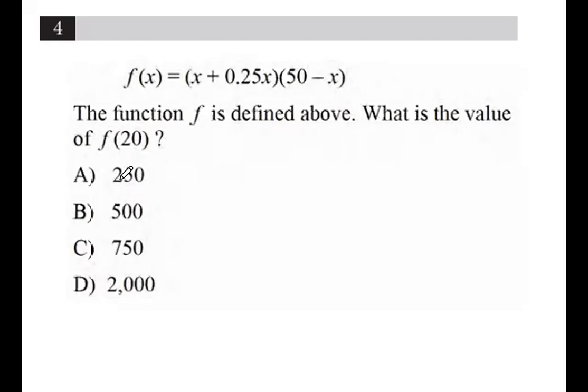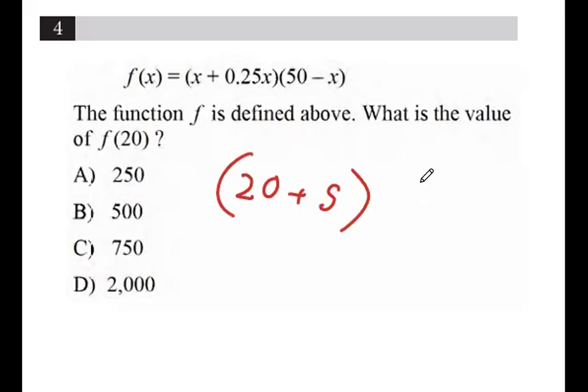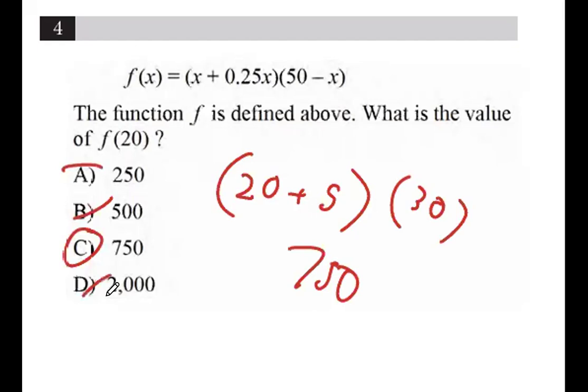That just means plug in 20 for x. So that's just 20 plus 0.25 times 20, which is just a fourth of 20, which is 5. So 20 plus 5 times 50 minus 20, which is just 30. So that gets us 25 times 30, which is 750. So the correct answer is C.